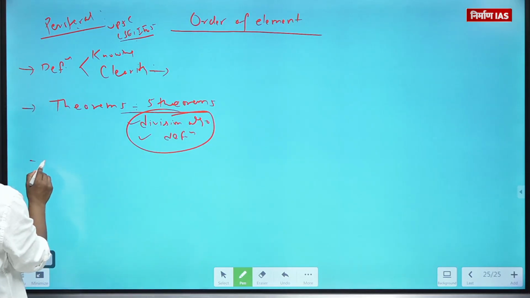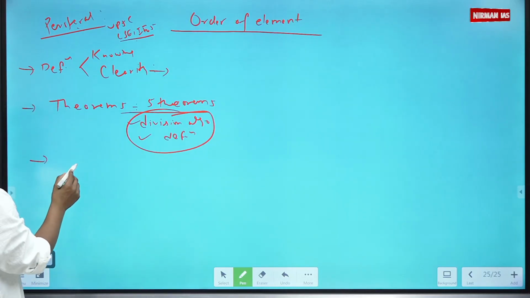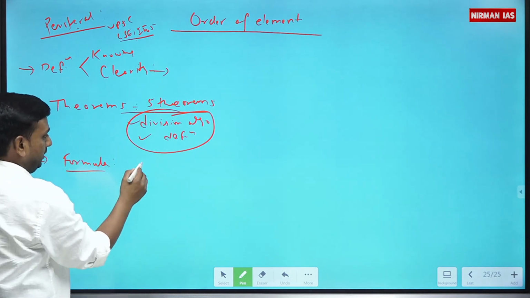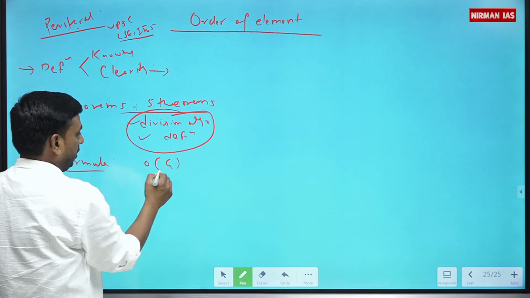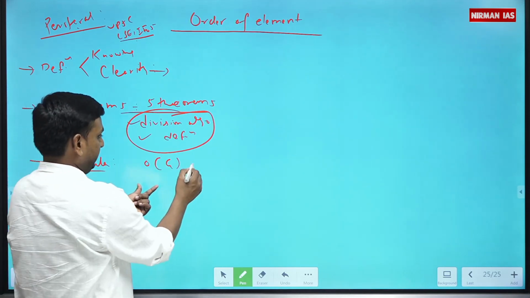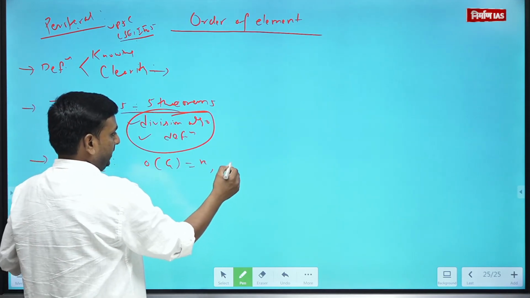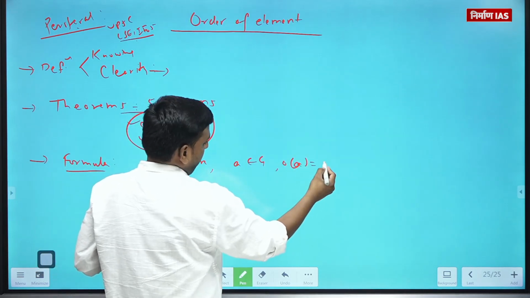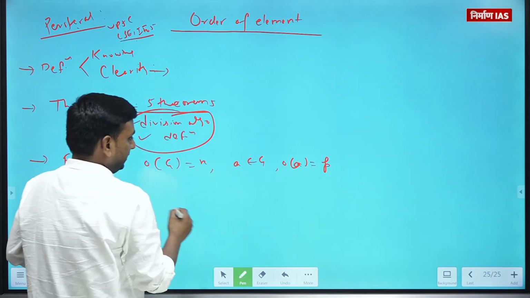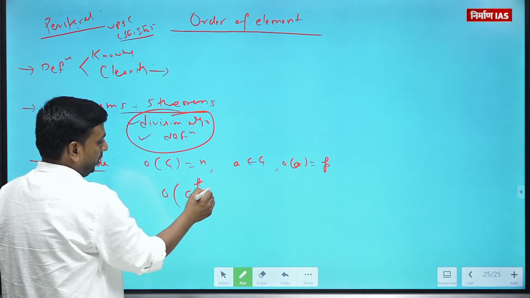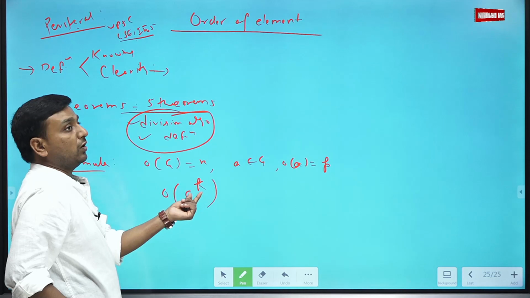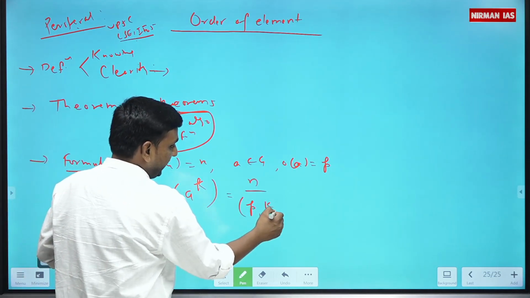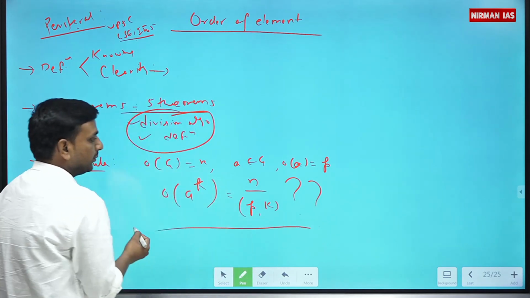No problem. The next is some formulas, like let's say the order of G is represented like this as n, and a belongs to G is some element, and the order of a is, let's say, p. Then what can you say about the order of some integral power of a? Is it like this? A very important formula.